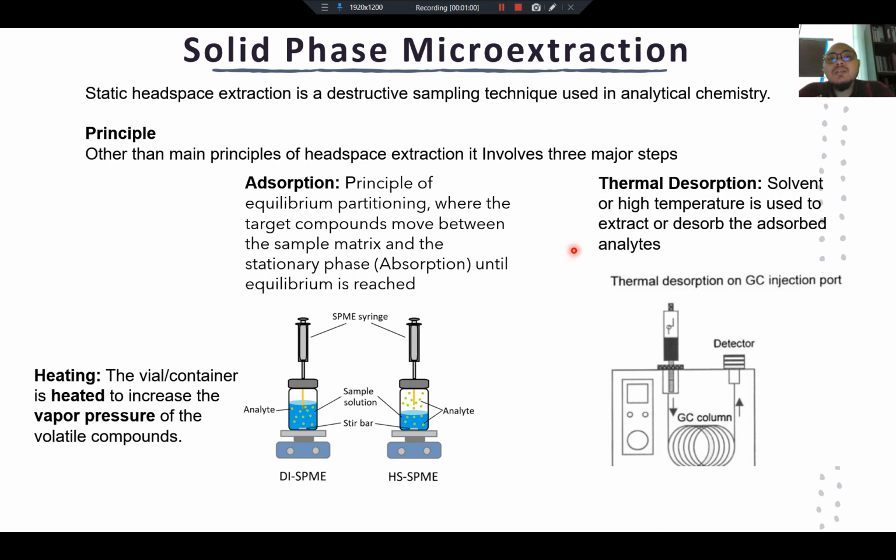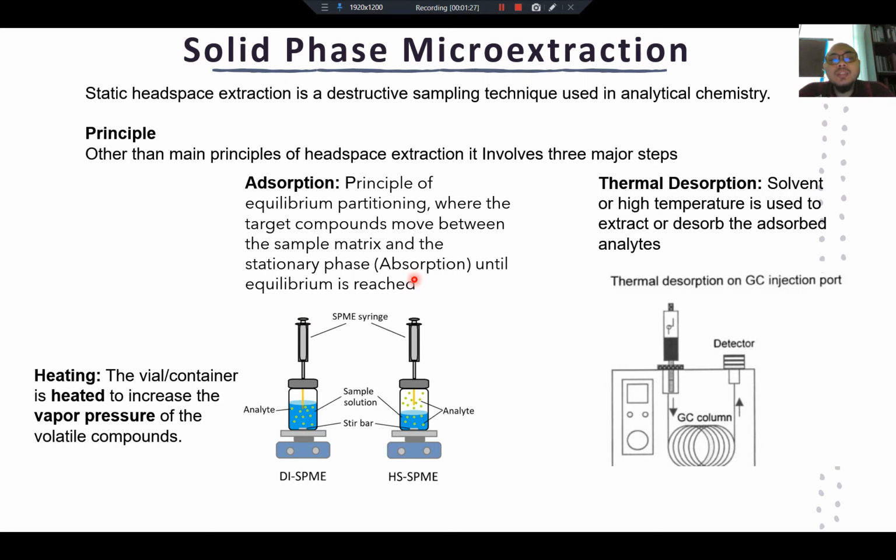So this solid phase microextraction will cater to those problems: it is capable of eliminating the interference, avoiding dilution, and increasing the sensitivity of the analysis. And of course, compared to the dynamic headspace extraction, it's much more convenient for us, and the setup is much more cost effective.